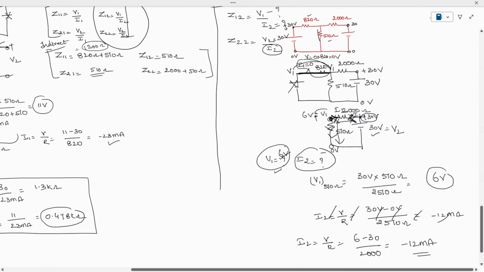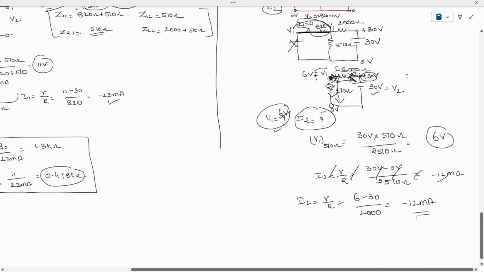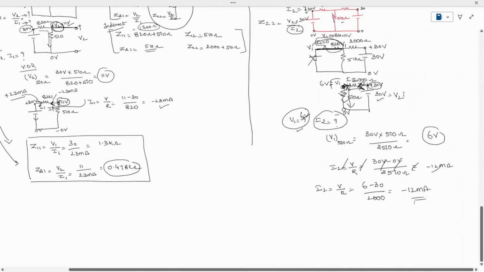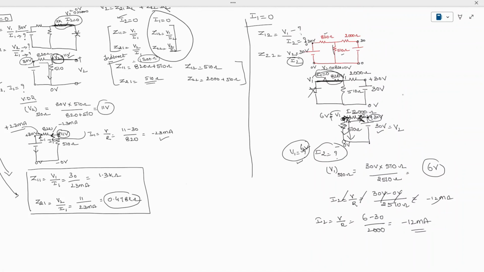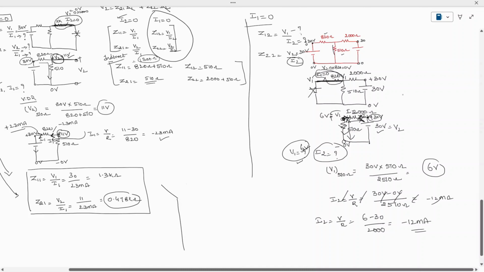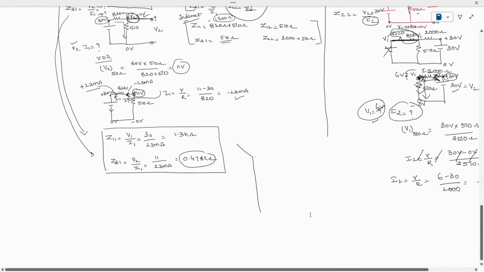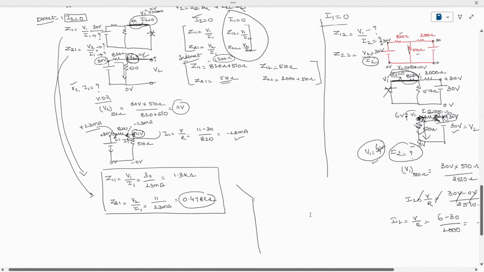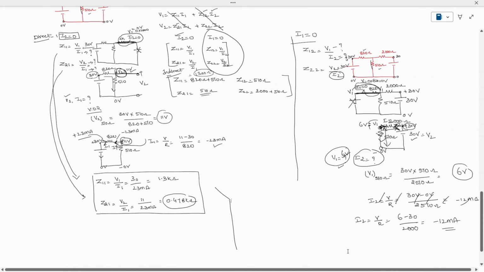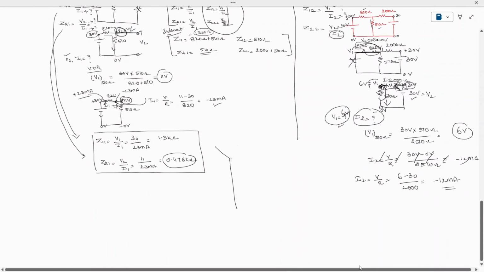Okay, so now let's substitute all this in a tabular column, then you can understand better. Okay, so the tabular column we are going to draw like this. For both individually I would like to draw, where you will get clarity. Okay, so the tabular column, for this you are going to get like this.